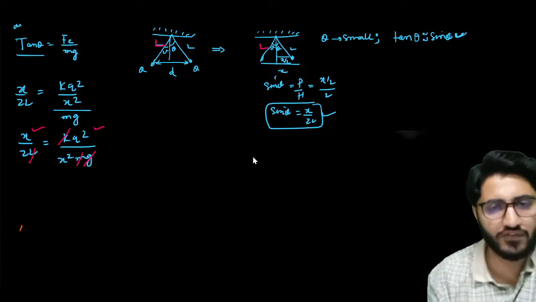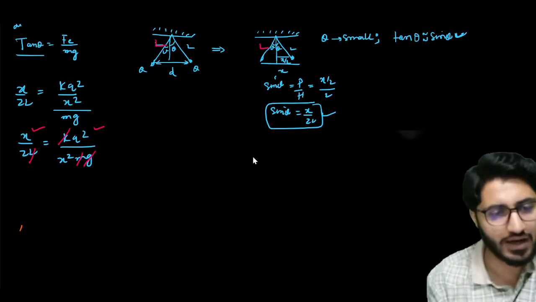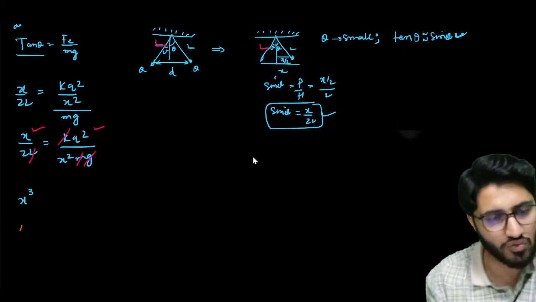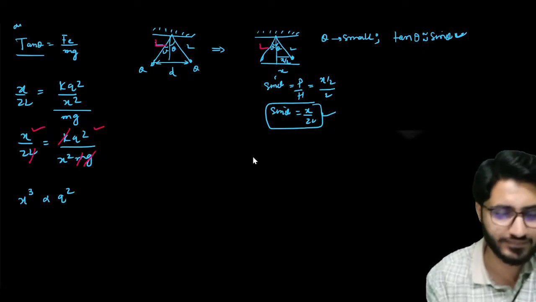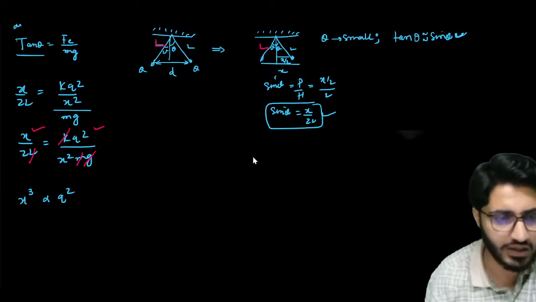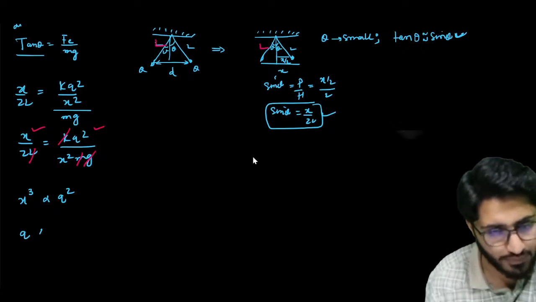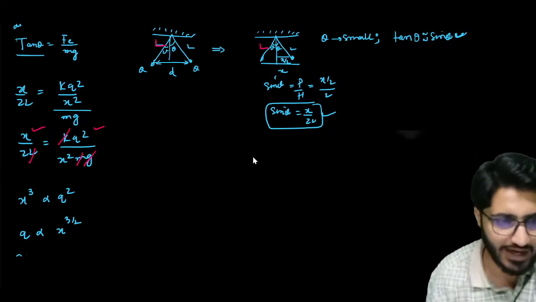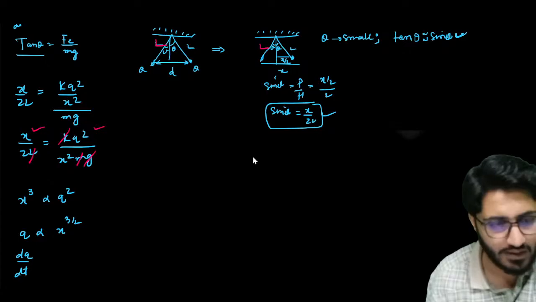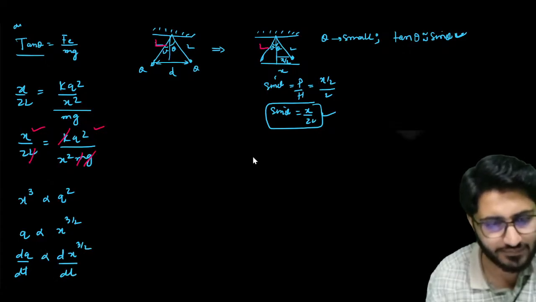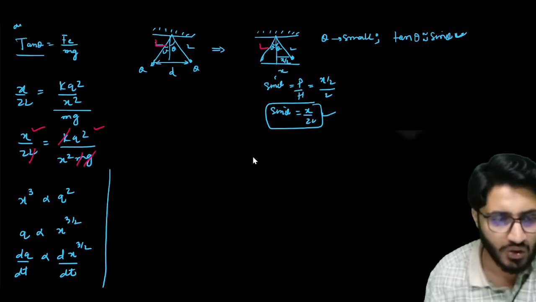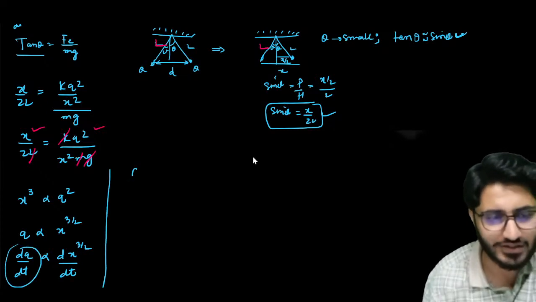So from this particular figure, I will write here x cube is proportional to q square. I can write like this, or I can write, q is proportional to x power 3 by 2. Now differentiations. Can I write dq by dt proportional to d of x power 3 by 2 divided by dt. So look, dq by dt, it is constant.